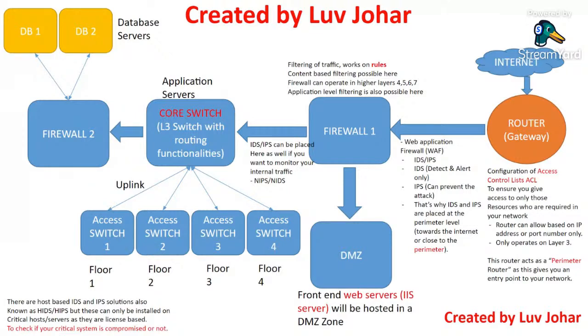ACL is nothing but access control list that you define on a router. Okay, so this router, it acts as a perimeter router. Why perimeter? Because here you have entry to your internal network. This is how somebody will enter the internal network. That's why it is considered as a perimeter router, guys, as this gives you an entry point to your internal network.